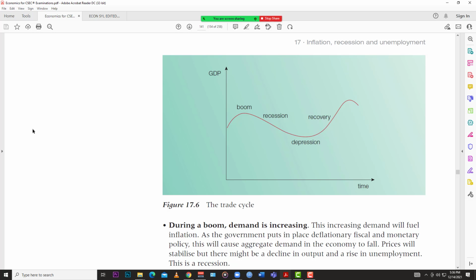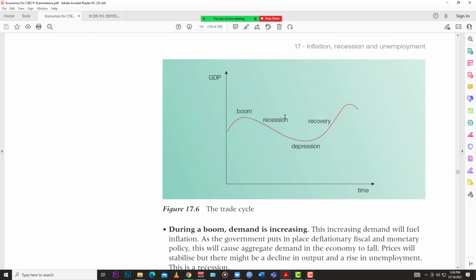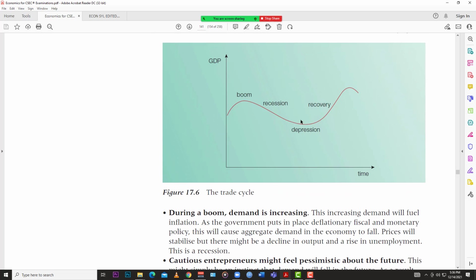But sometimes it might take a while, and then it might lead to a rise in unemployment, and that can lead to a further recession. So those are some causes of the recession. So the business cycle itself and the increase in demand during the boom, which can lead to inflation, which can then lead to recession if the corrective measures are a little too much.